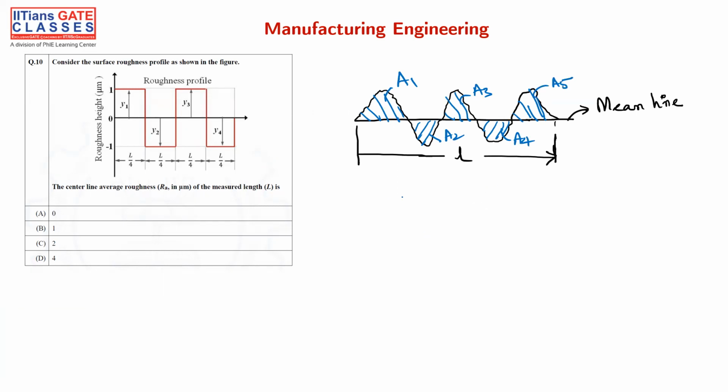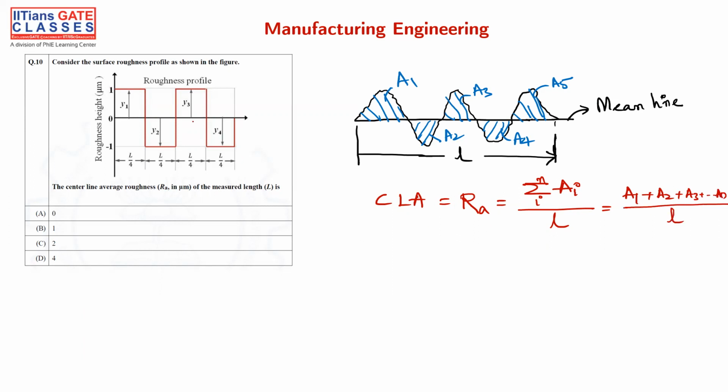Okay. So the center line average formula, or you can say Ra, is the summation of areas from i to n divided by the total length L. That is A1 plus A2 plus A3 and so on till An, divided by the length.